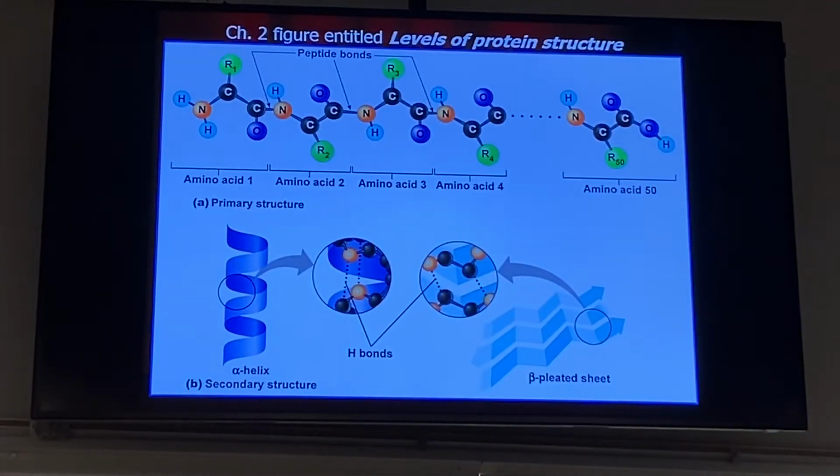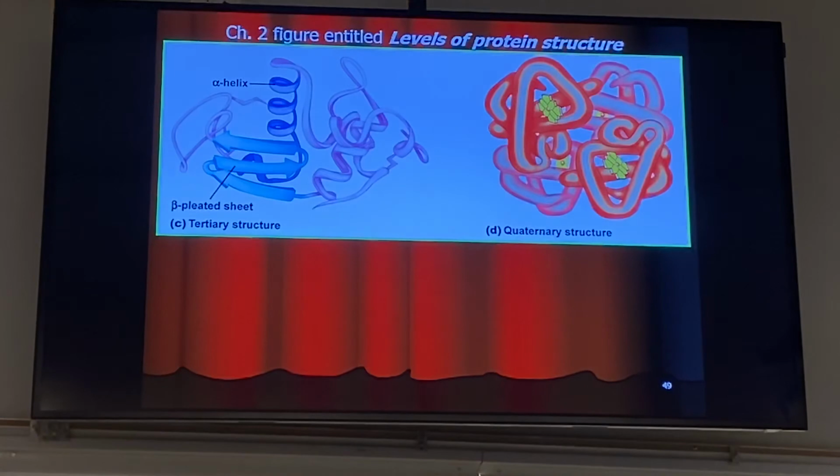There's primary up on top. There's secondary on the bottom, alpha helix. This is what a beta pleated sheet looks like. It's like you took a piece of paper and folded it like a fan. Isn't that what that kind of looks like? Tertiary is a specific glob shape that has sections of pleated sheet and alpha helix.